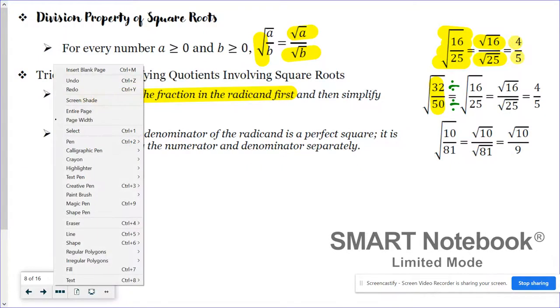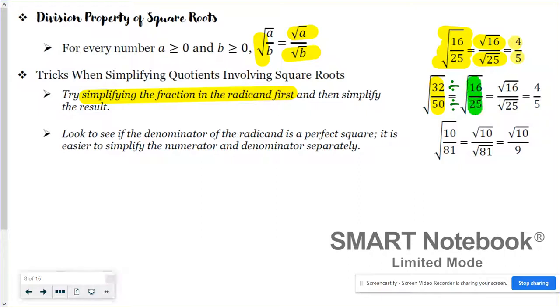What I get is 16 over 25, and this is my new inside. And then I can split it up. Square root of 16 over square root of 25. Square root of 16 is 4. Square root of 25 is 5. Okay. So try simplifying the fraction inside the radicand first. That's where keeping it like that is good.